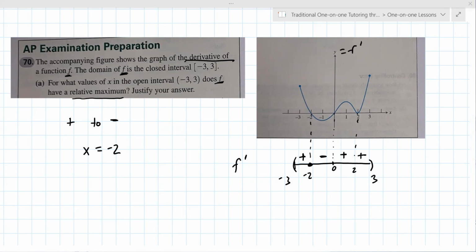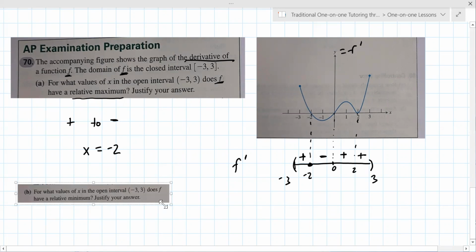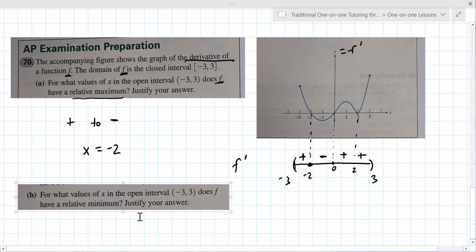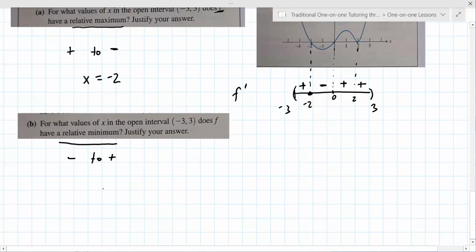Okay. Now part B we can actually do from the information we just did in part A. Part B says, where does it have a relative minimum? So minimum occurs when you go from minus to plus. So 0? It's 0, yes. Okay.